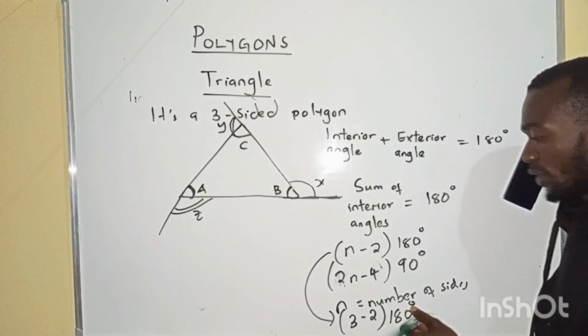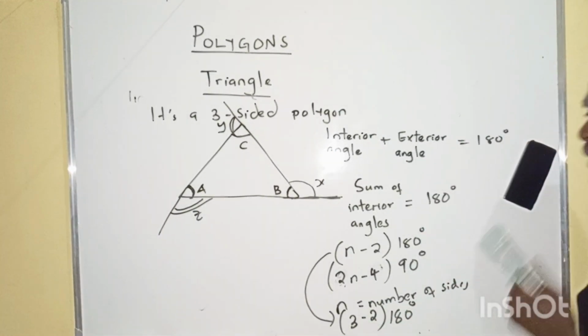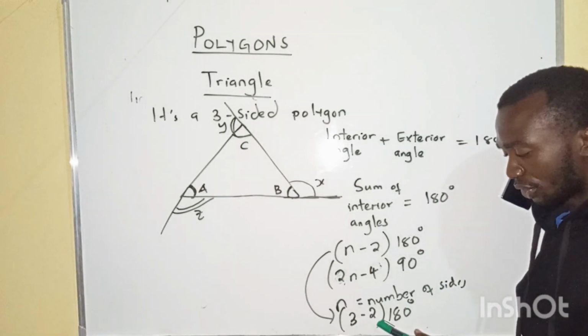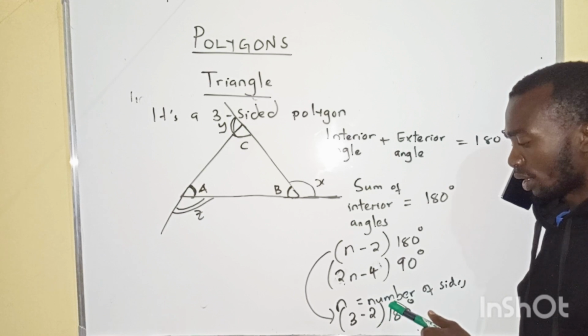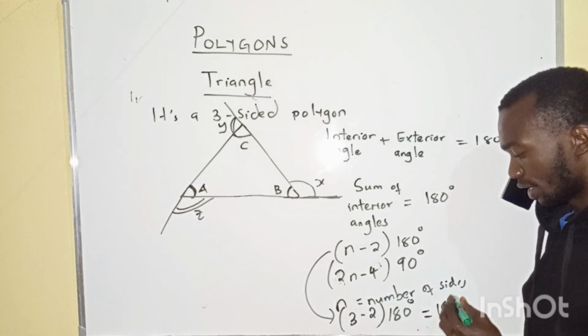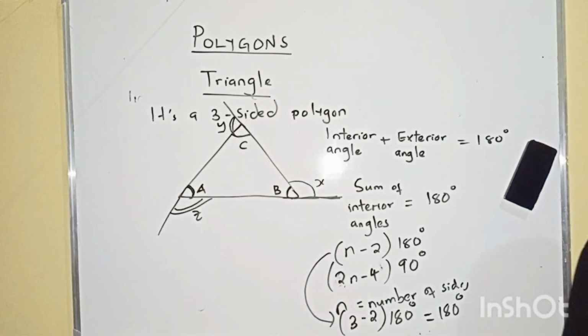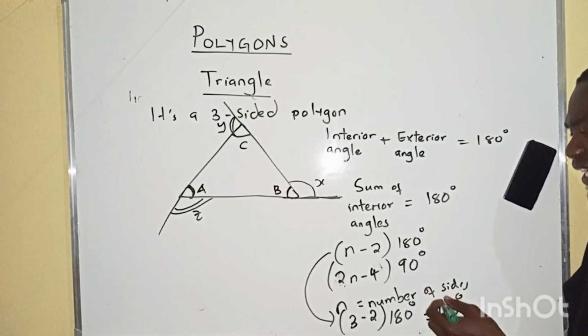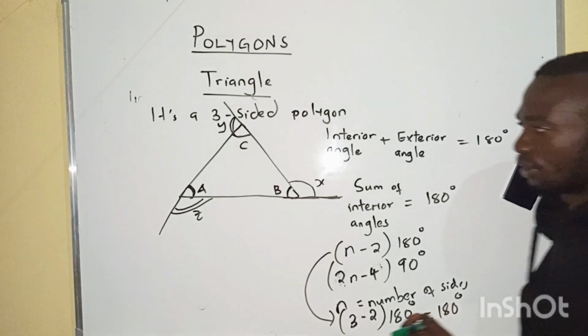So in a triangle, we want to know, is it true that it is going to give us a sum of 180 degrees? So you take 3 minus 2, that is 1, multiplied by 180, so 180 degrees. So that is the second characteristic, the sum of interior angles of a given polygon.